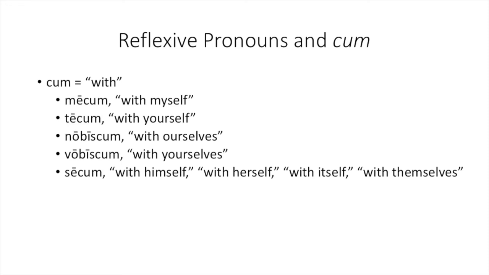So mecum, or tecum, or nobiscum, or vobiscum. All of those are our personal and reflexive pronoun forms with cum. And that works out with se as well. So it becomes secum to show with himself, with herself, with itself, or with themselves.